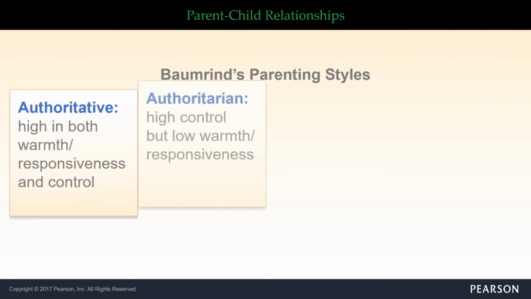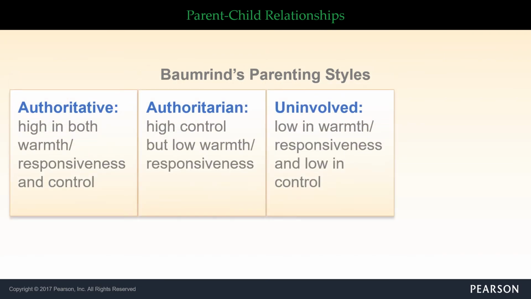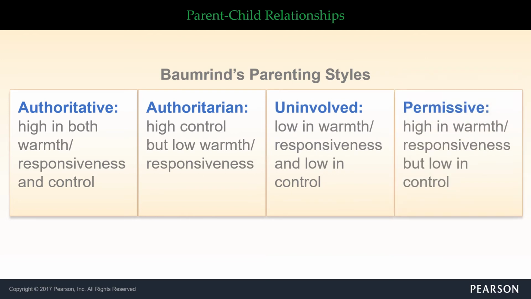We talked a little bit about parenting styles and approaches when it comes to helping children behave in appropriate ways. Now let's look at parenting styles. Baumrind is the scientist that came up with these ideas.